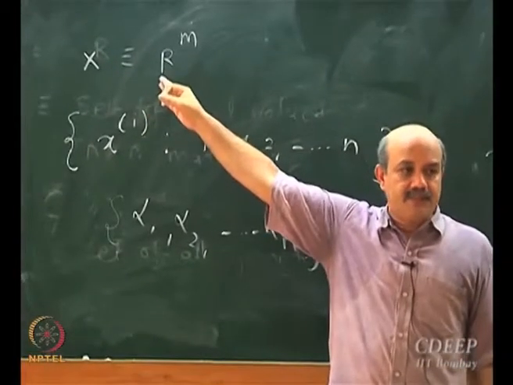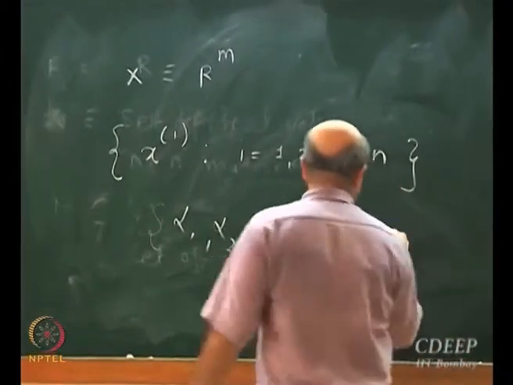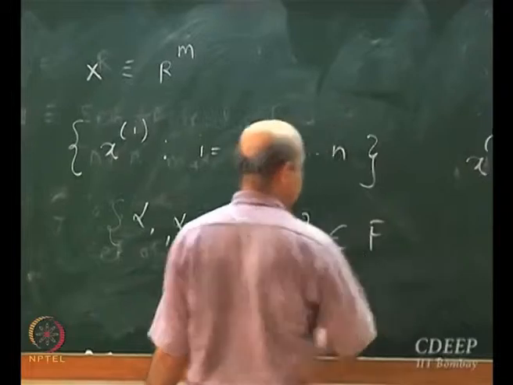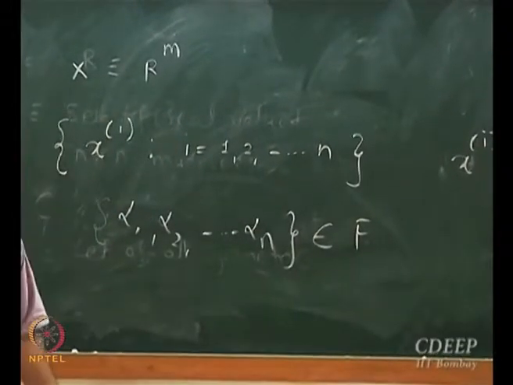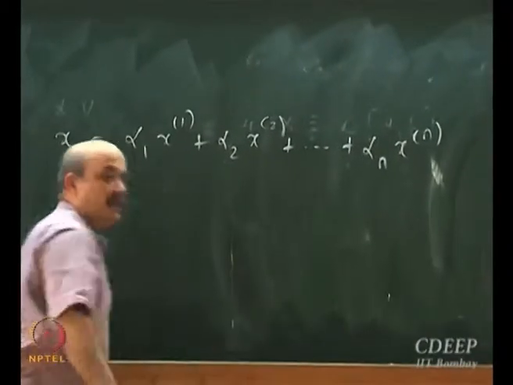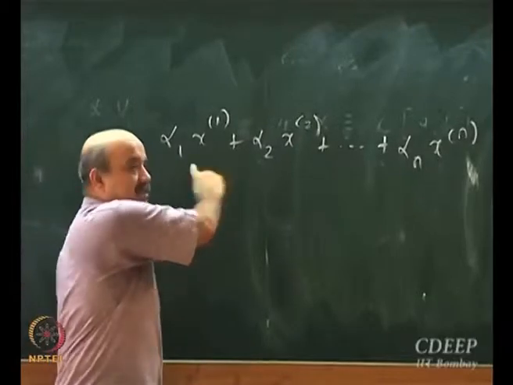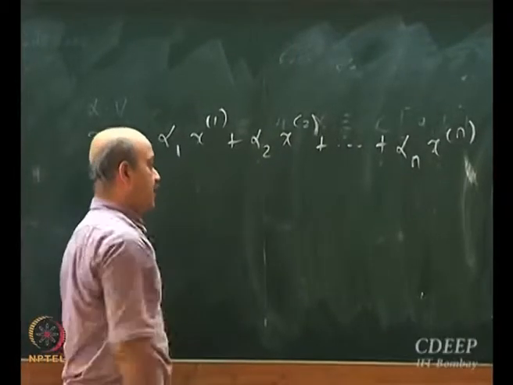This is a set of vectors belonging to space X. Alpha 1 to alpha n are arbitrary scalars belonging to the field F.